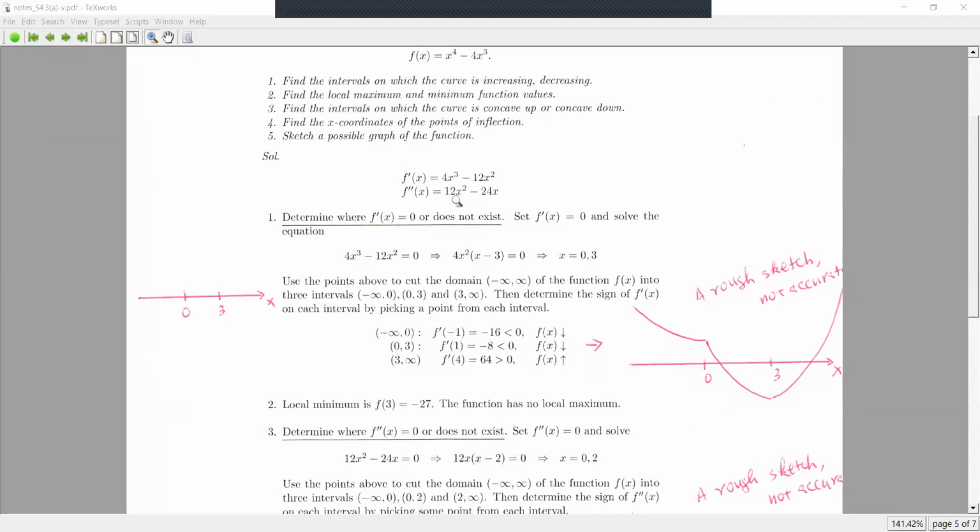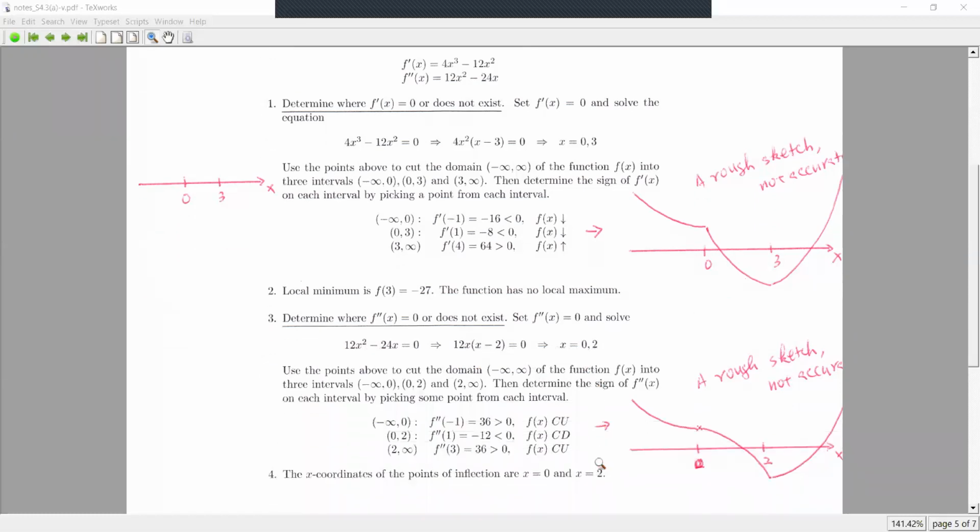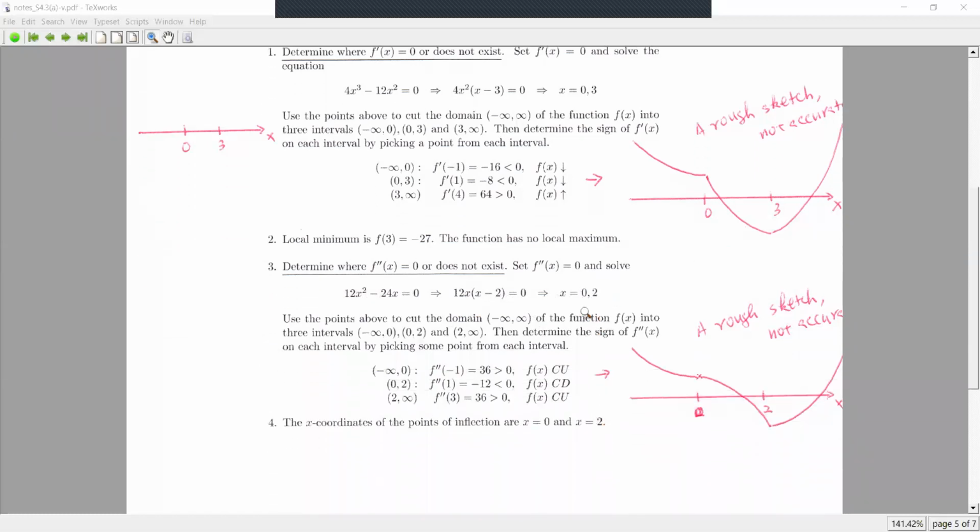Left hand side is the second derivative. Now factorization. From here we can see that when x is 0 or x is 2, the second derivative is 0. Now I use these 2 points to cut the domain. The domain of the function f is negative infinity to positive infinity.